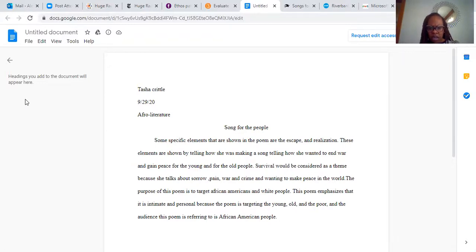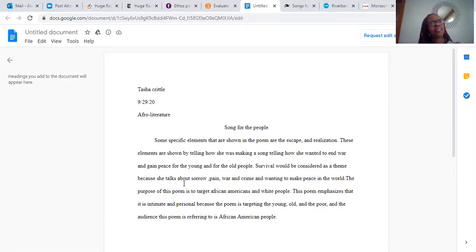So you guys noticed that. She was writing this song for peace, for the young people, for old people. And in doing so, you notice that theme of survival, Tasha. So you point out the themes of survival. Absolutely. Is again, triumph over tribulation. That is a direct connection to survival, right? Making it in spite of. And the poem celebrates that.